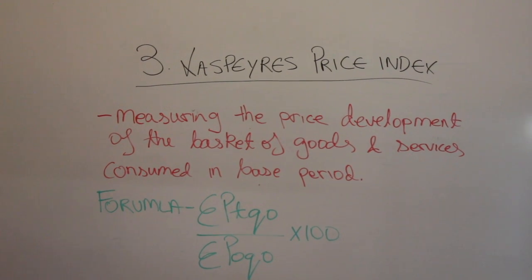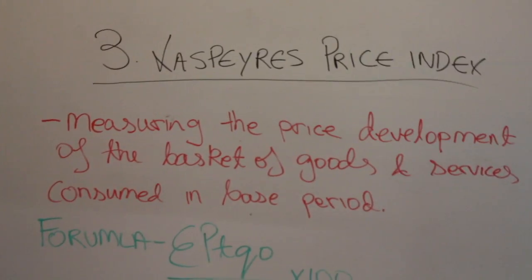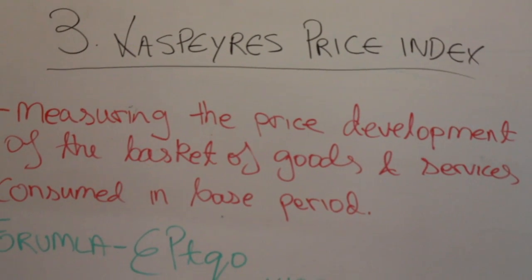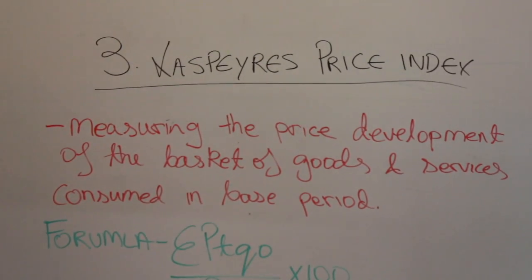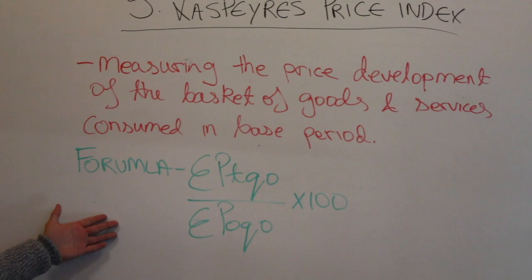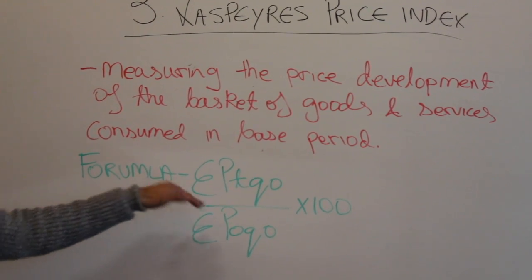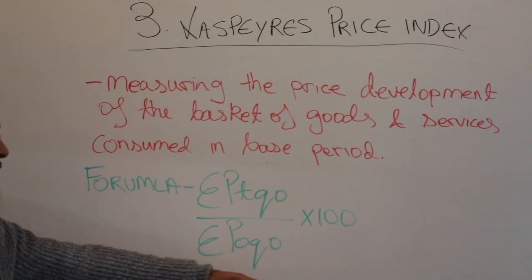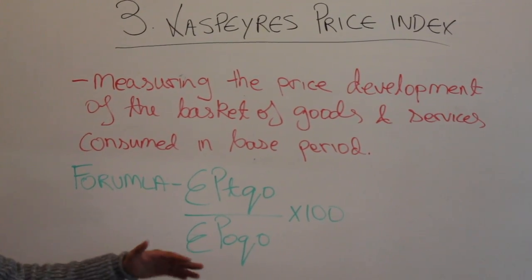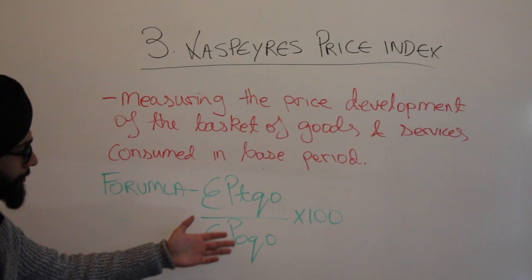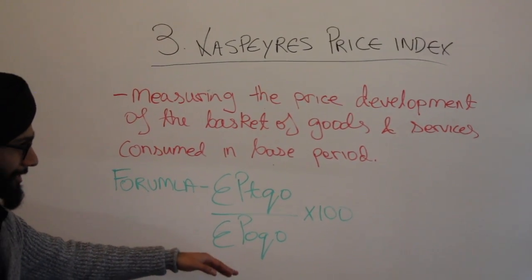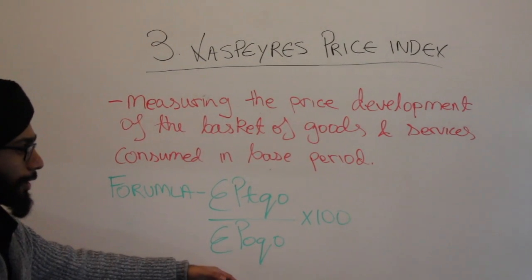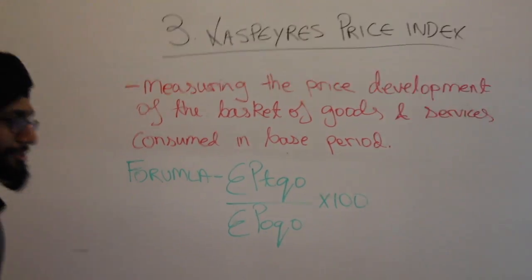The third index number is the Laspeyres price index. It's measuring the price development of the basket of goods and services consumed in the base period. The formula for it is the sum of the PT and Q0 divided by the sum of the P0 and the Q0, which is current price and base quantity, and base price and base quantity, times 100.